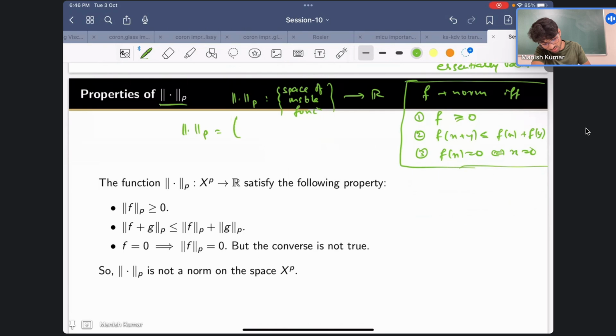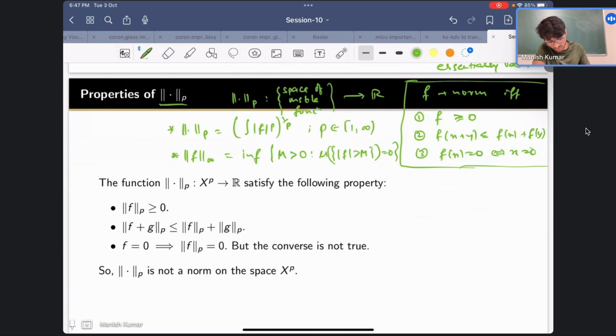This is nothing but mod f p to the power 1 by p, for p in 1 comma infinity, and this is the infimum of M greater than 0 such that mu of mod f greater than M is 0. Okay, so these are the quantities I defined above.